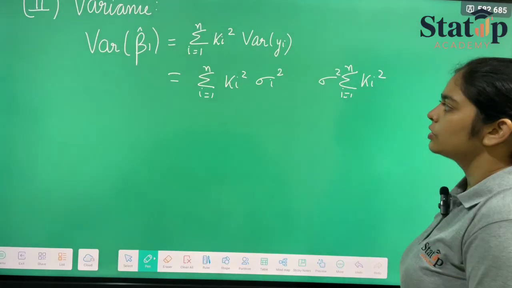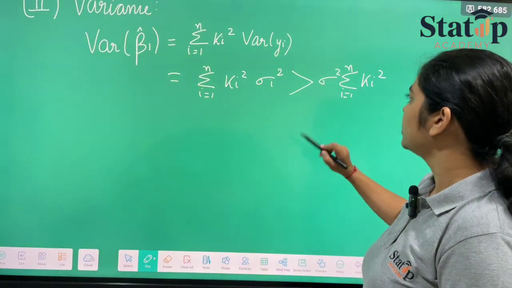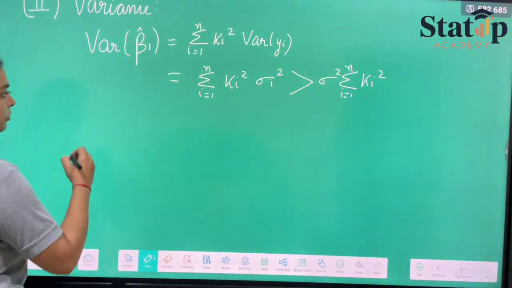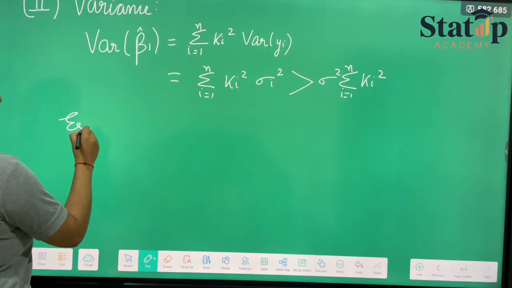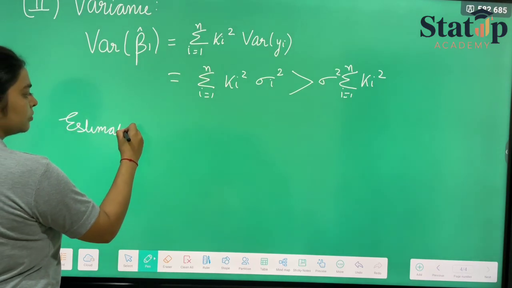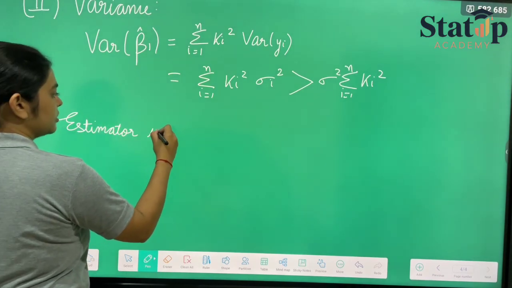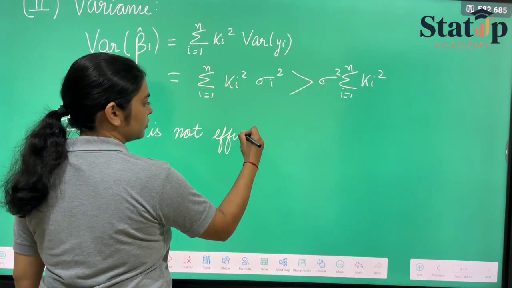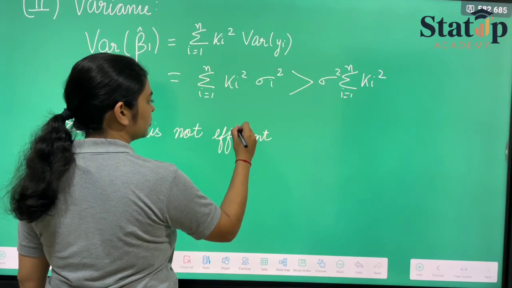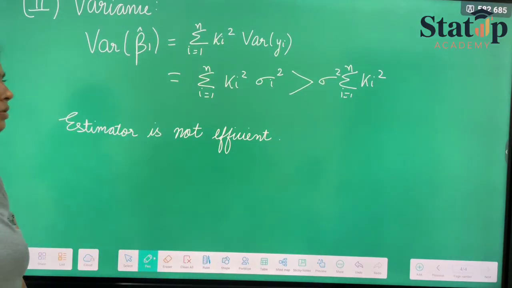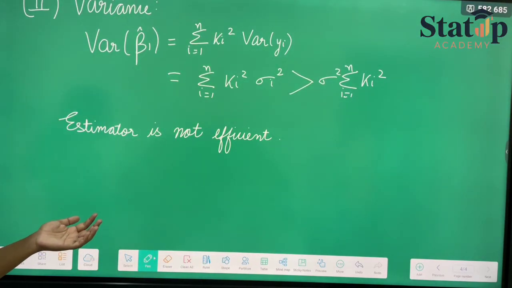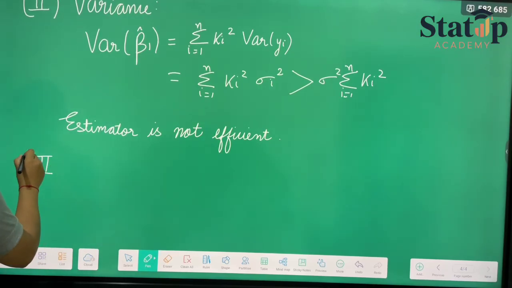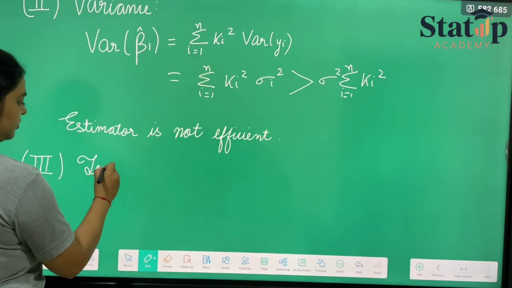So this variance is greater than this variance, and hence we can say that our estimator is not efficient, because the variance is greater than it has to be. Now the third property is testing of hypothesis.